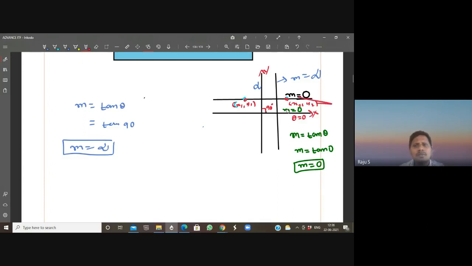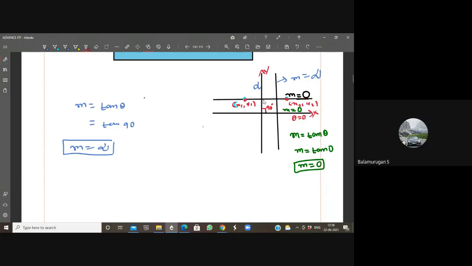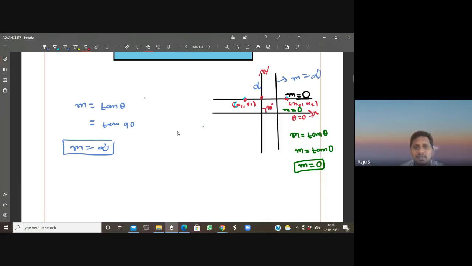What do you observe, students, here? y1 is equal to y2. Exactly. When the line is parallel to x-axis, y1 is equal to y2. x1, x2 are different here. x1 should not be equal to x2, but y1 is equal to y2.